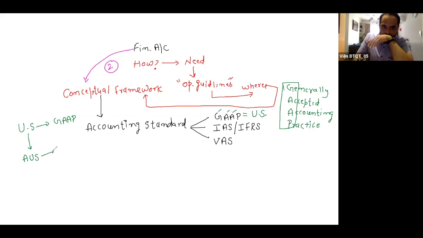Then you need to study Australian accounting standard. This is called Australian Accounting Standard Board, AASB. So you move there, you're gonna study Australian accounting standard, which is of course different than GAAP.